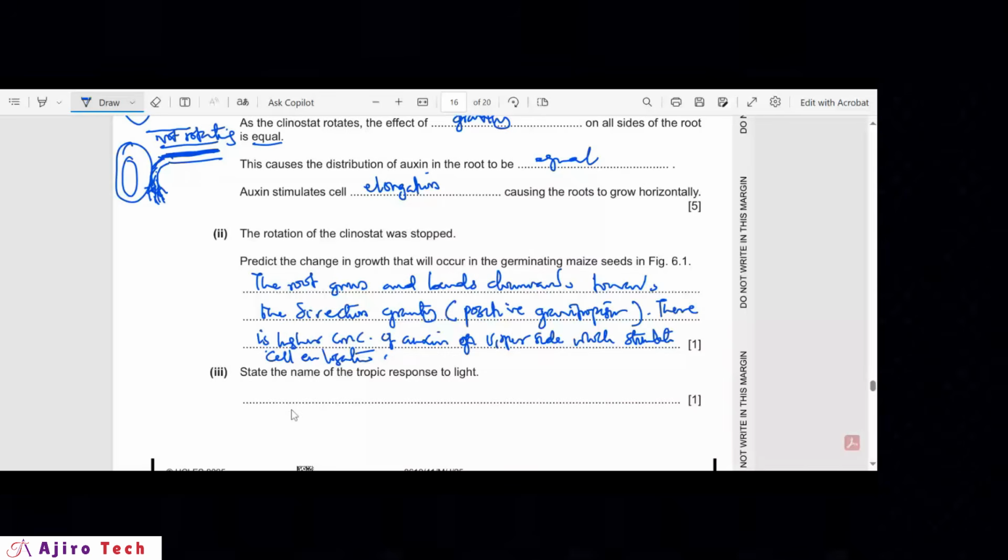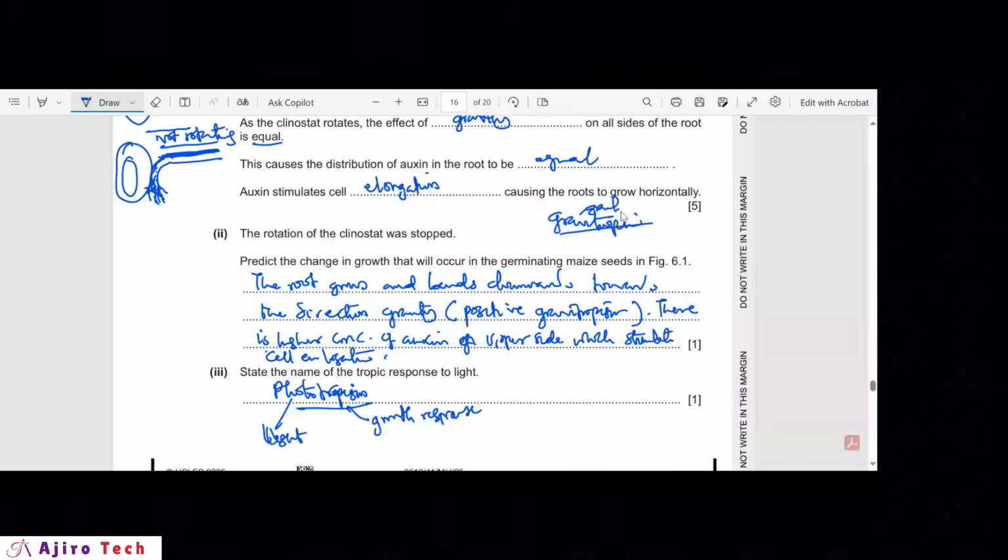Now the name of it: tropic response to light. Light is photo, then we go on tropism. Phototropism. Tropism is a growth response. Then photo for light. Gravity, that's gravitropism.